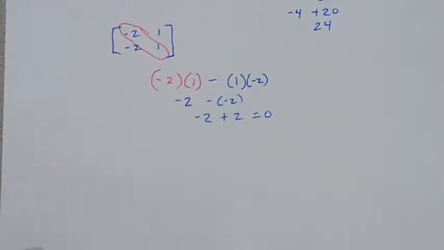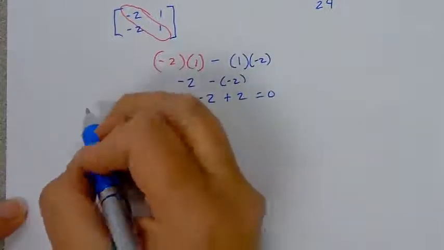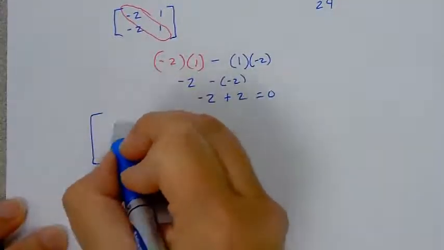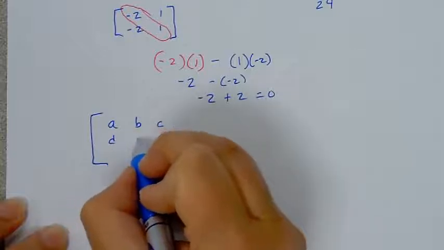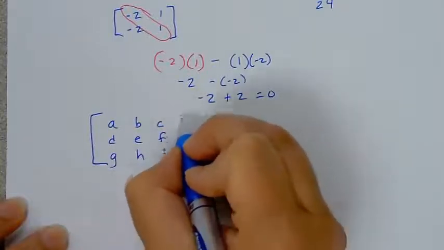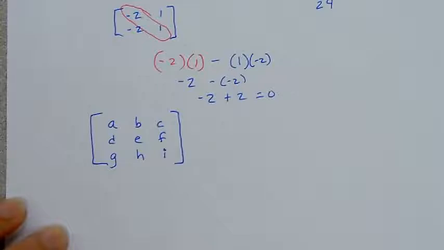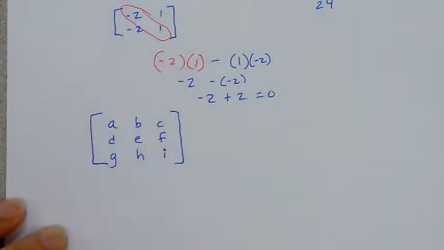Let's think about a 3 by 3. This gets a little bit more involved. So let's think about the way a 3 by 3 would be labeled. If you notice on this one, you really can't do what you did with the 2 by 2. You can't take these and subtract these, because you haven't included all of the elements.